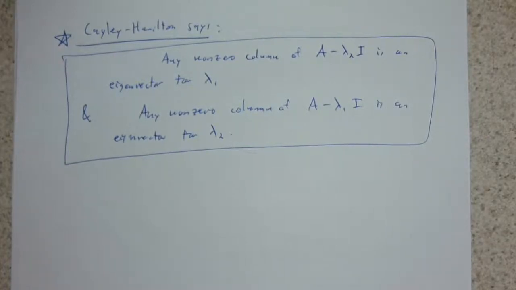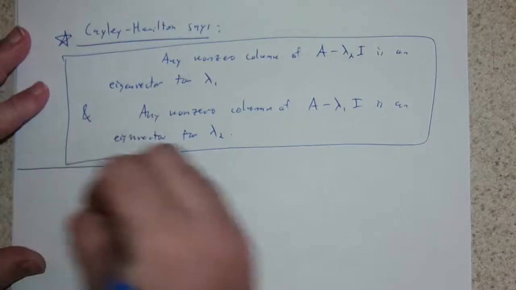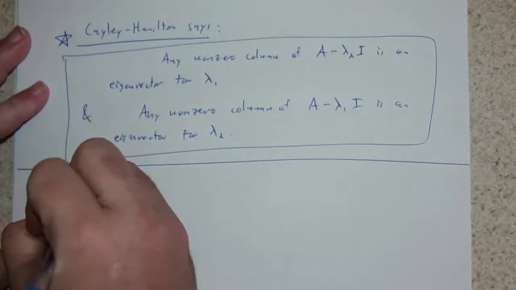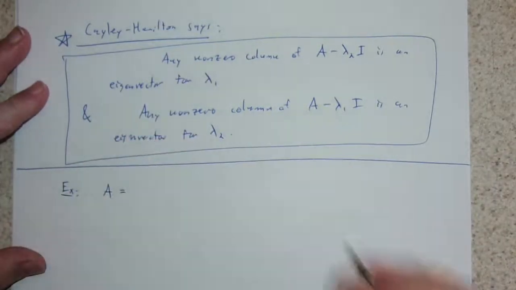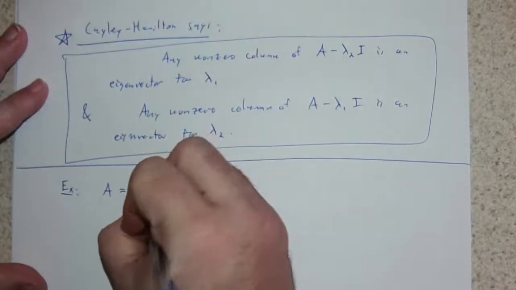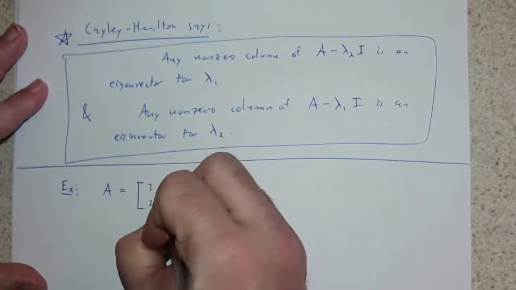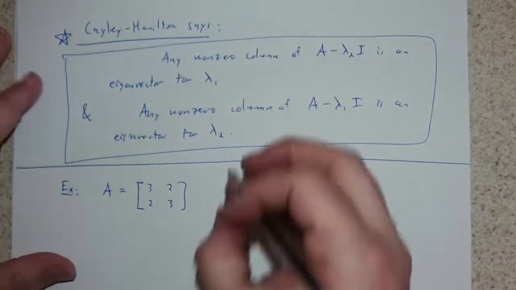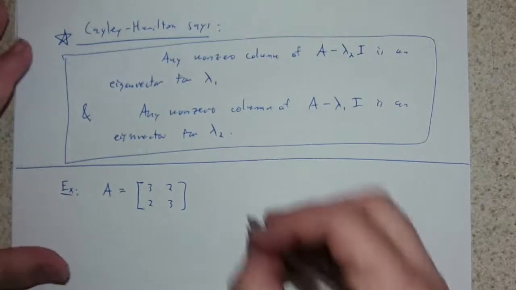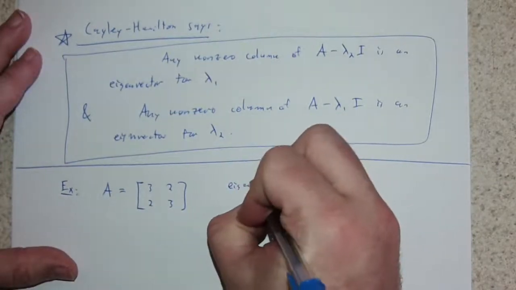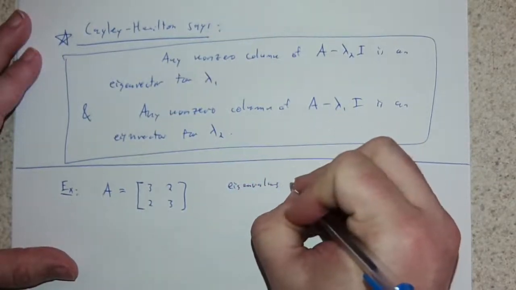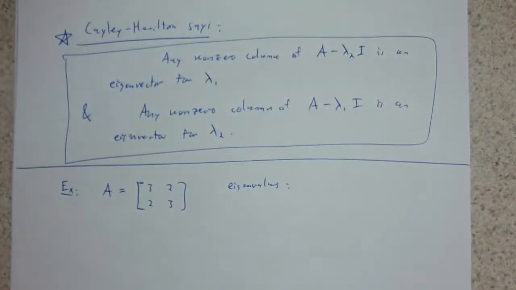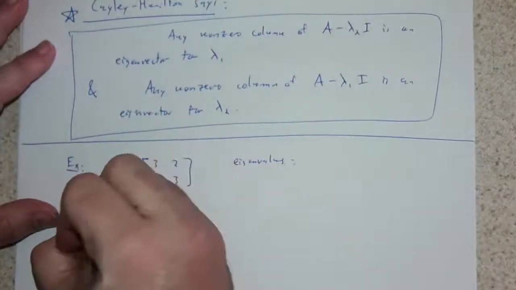Okay, and so let's do an example of these things. So first, let's use our favorite matrix that we've used so many times in these problems, 3, 2, 2, 3. So recall, what are the eigenvalues of this thing? Well, we did it before, but let's just quickly do it again. Can't hurt.